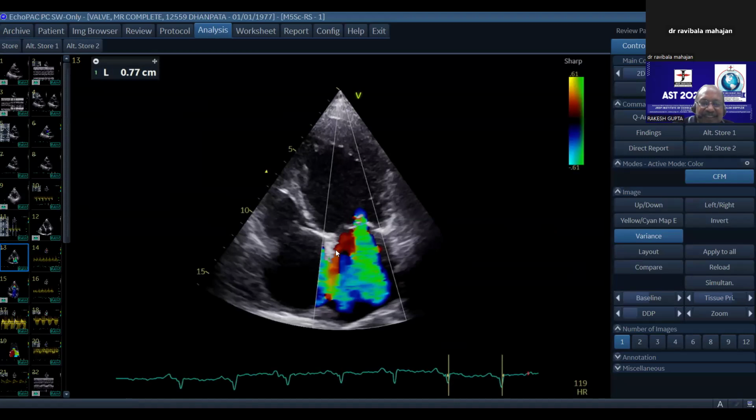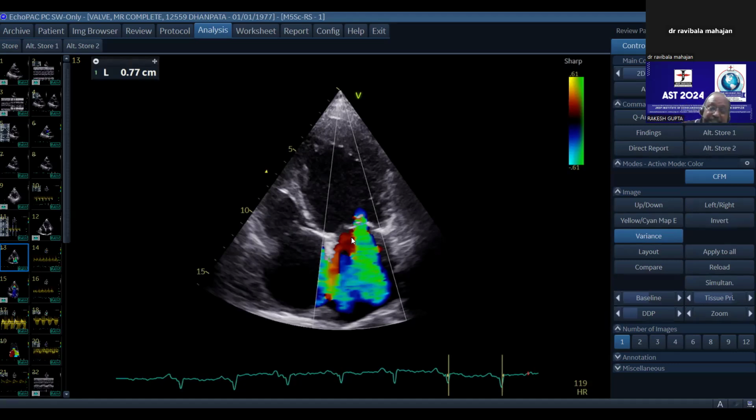Yes, sir, Coanda effect. This is the Coanda effect. Blood which is regurgitating back into the LA is going back towards the mitral valve in the same cycle. If you happen to see this Coanda effect, it means the MR has to be severe. Like if you see a tall E, a small A, then chances of MR will be severe.